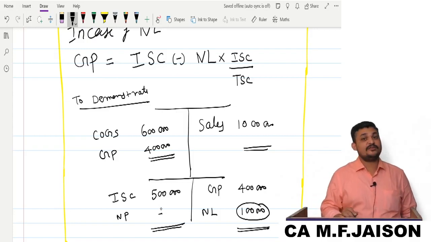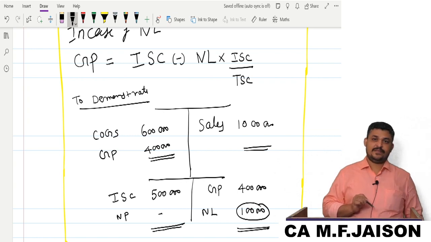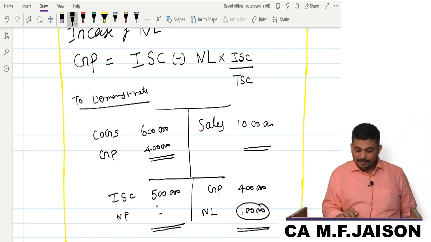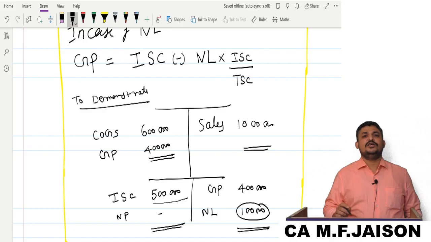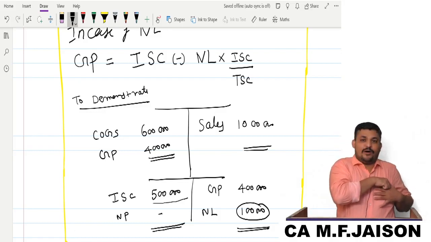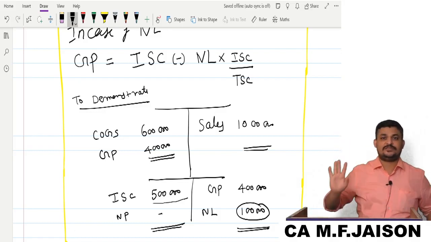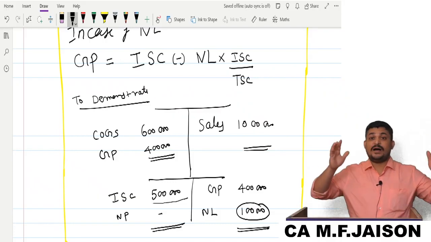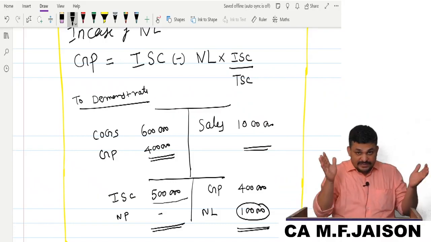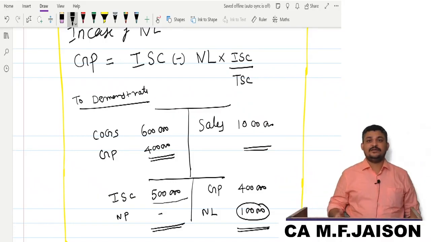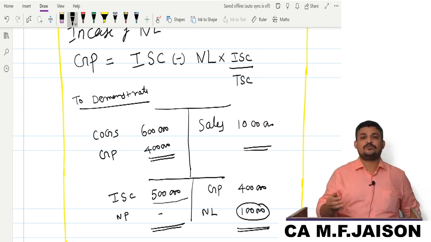But your fixed cost is 5 lakhs. Anyway, a part of this fixed cost you have to bear out of your pocket. Even if you do good business, your business can only contribute. This is called contribution.